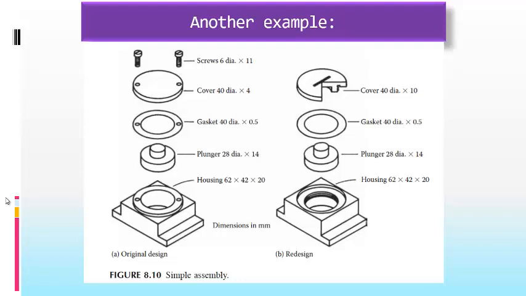Also the screw will take a very long time in assembly, and the left one has holes which make it difficult to reorientate the part through feeders. The one on the right has no holes, and the cover just needs to be pressed down. This will reduce the assembly time for the assembly machine. Let us look at the example in detail.